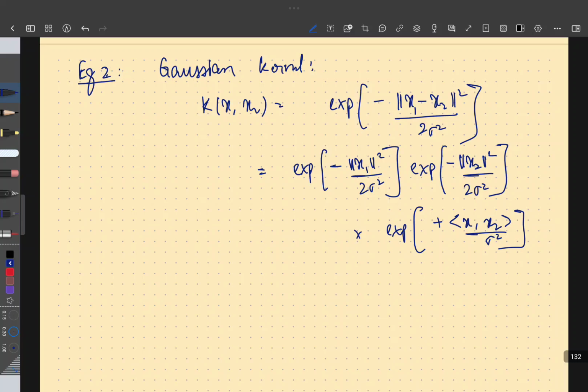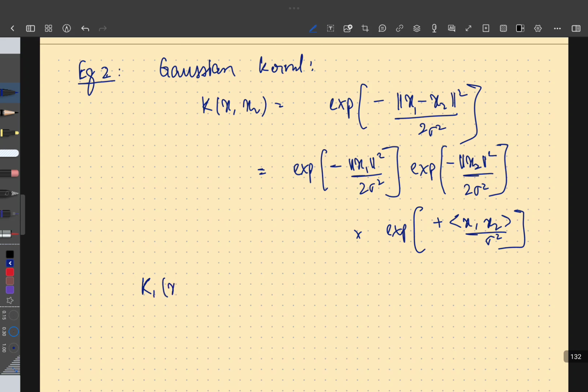All right. Let's break it down into three things. First, it's a product of three functions. Is the first function a PDS kernel? Or let's just take the product of these two functions.